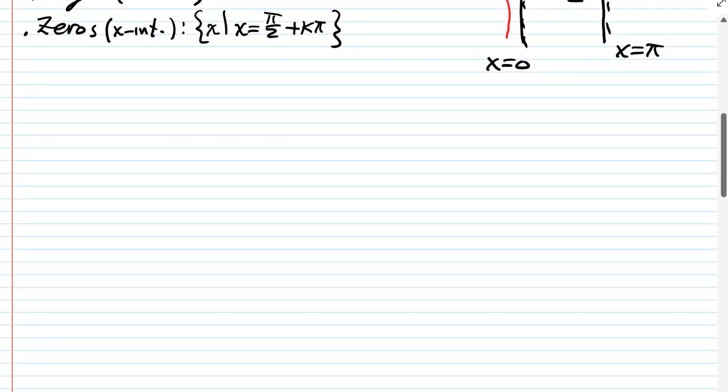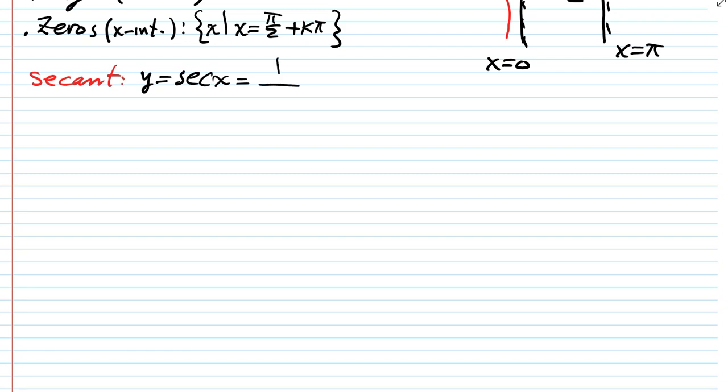Let's take a look at the graph of secant now. The secant function would be y equals secant x. As a ratio identity, that's the ratio of 1 over cosine x. So let's begin again with our domain and vertical asymptotes. The vertical asymptote is placed where the denominator is 0.